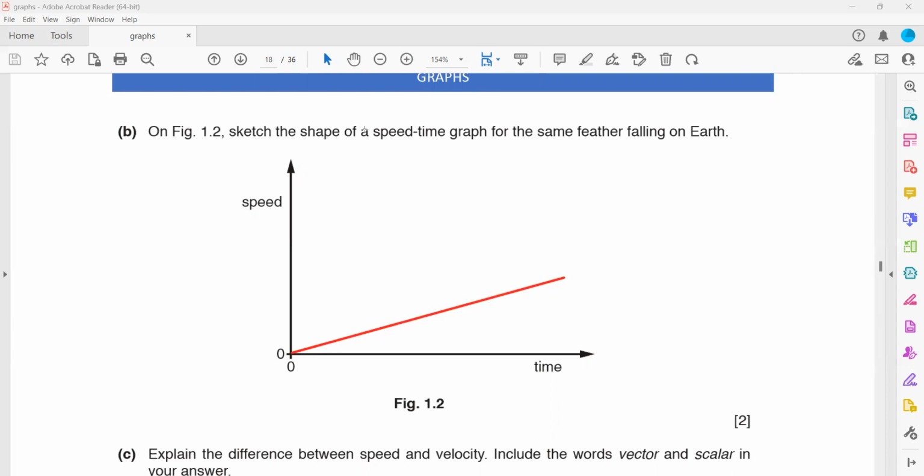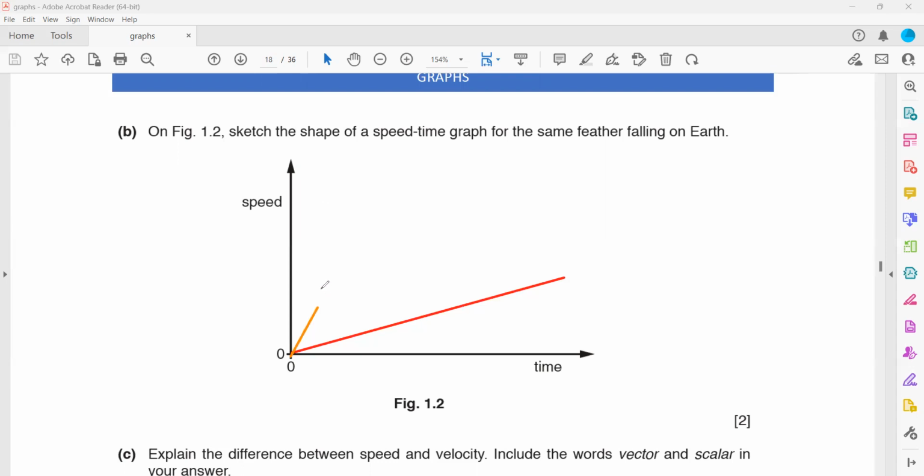Earth has strong gravity, so there will be greater acceleration. We don't have to sketch the graph of the moon here; I'm just drawing it to distinguish. First it will have a constant acceleration, so it will be a straight line, but much steeper, because the gravity of the Earth is stronger and the acceleration due to gravity is more, which is 9.8.